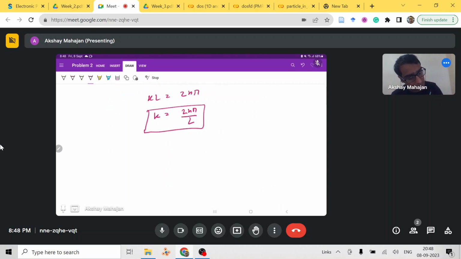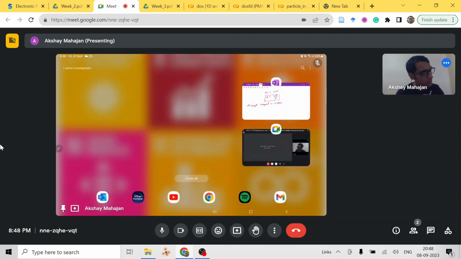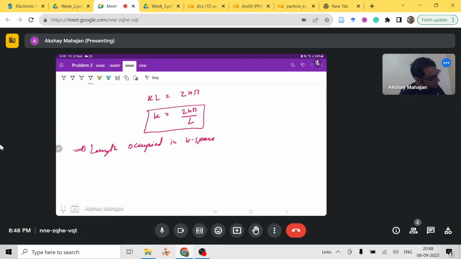Now again it's a similar thing to what we did in 2D. Now there will be just length instead of area, length occupied in k space by a point in k space.